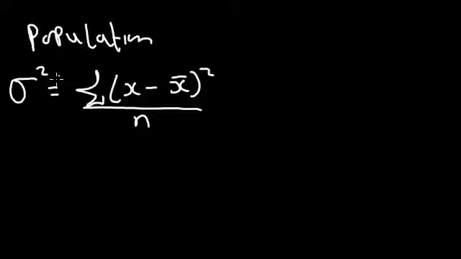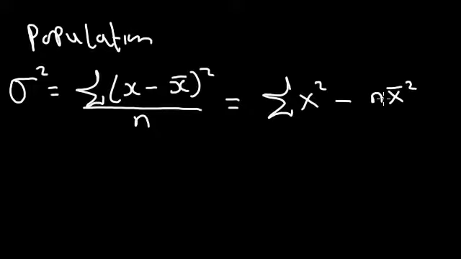Perfect. Now, the second formula that helps us to find the population variance of an ungrouped data is this: the summation of the square of the distribution individually, then minus n, which is the number of the data, multiplied by x bar all squared, then entirely divided by n.